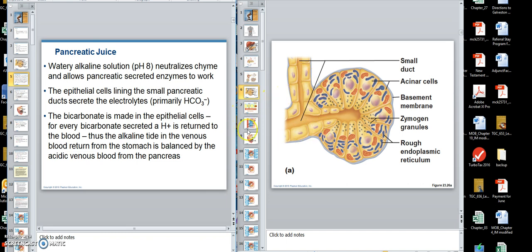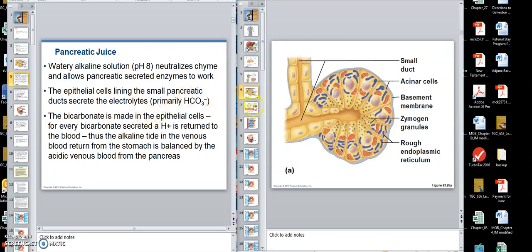Here's the epithelial cells. These are glandular cells, and these are lining ductal cells, lining epithelial ductal cells, in case you're trying to figure out what all this is. So these cells here make pancreatic juice, pancreatic enzymes. These cells here do more of the electrolyte aspects, primarily bicarb. The bicarbonate is made in the epithelial cell.